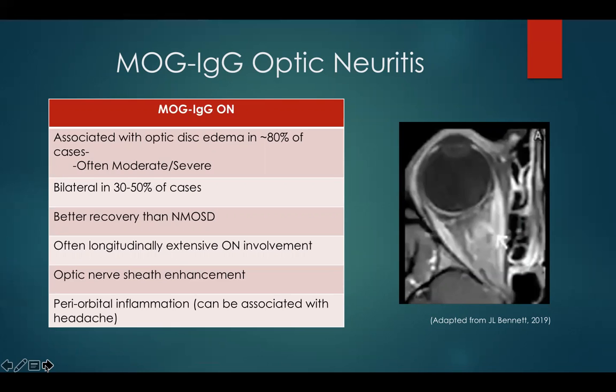You also can have optic nerve sheath enhancement. And interestingly, you can have periorbital inflammation that can be associated with headache. And this is a picture here of the periorbital inflammation happening in conjunction with MOG optic neuritis.